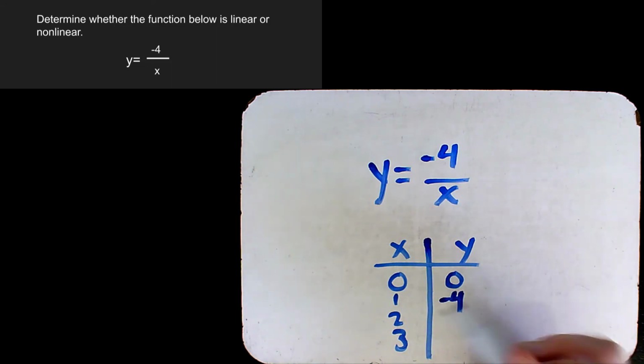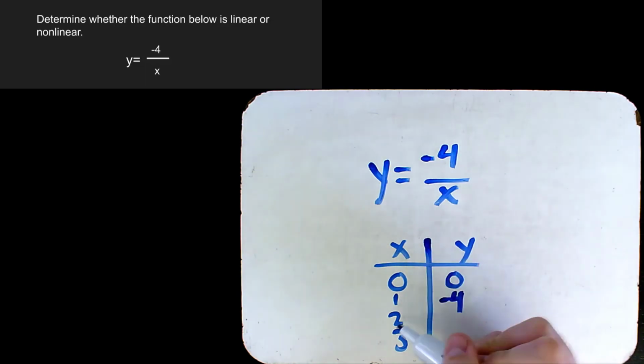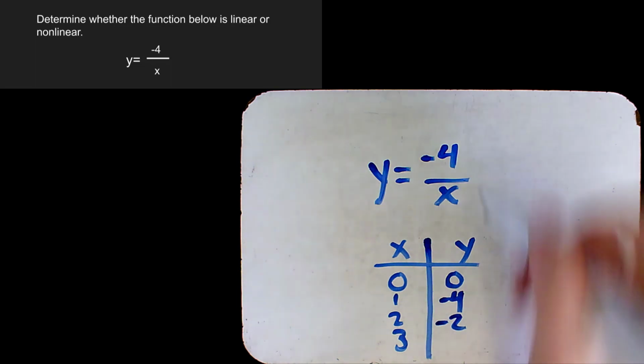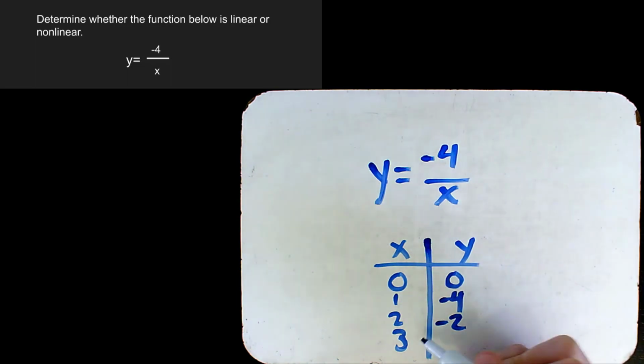And if I do -4 divided by 2, well, that's going to get me -2. And if I do -4 divided by 3, well, that's going to probably get me something really funky. It's going to get me repeating decimal, like I think it's like 1.3 repeating. So, oh, and it would be negative.